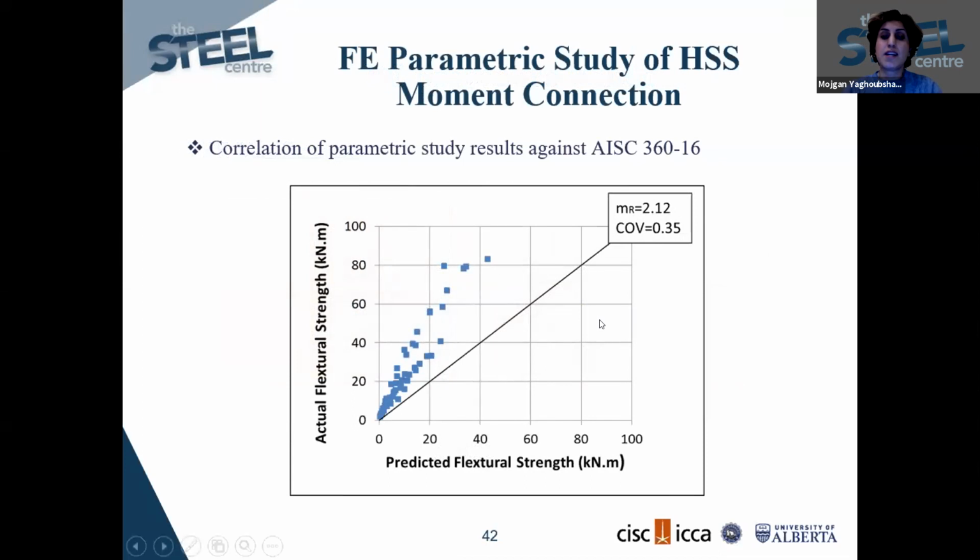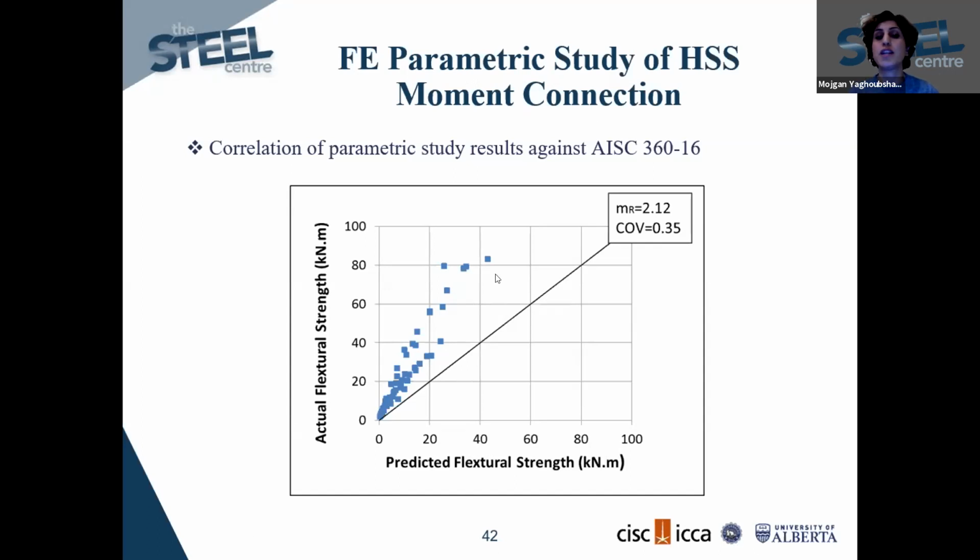Then a parametric study was done, and 61 HSS connection specimens were created in the finite element model.